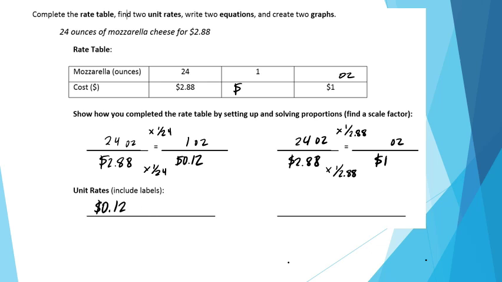On the other, when I do 24 divided by $2.88, or 24 times 1 over $2.88, I get 8 1/3, so 8.3 repeating. I can either write that as a fraction or as a decimal, kind of up to you. But basically, I get 8 1/3 ounces per dollar.